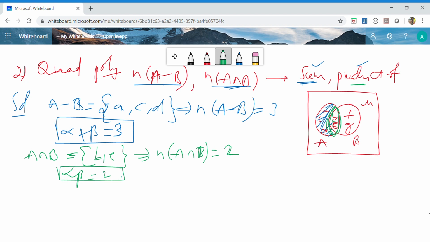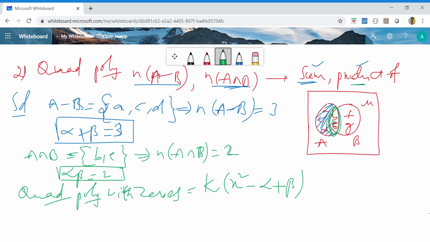Now you have to prepare a quadratic polynomial. So quadratic polynomial with zeros is k of x square minus alpha plus beta of x plus alpha beta.